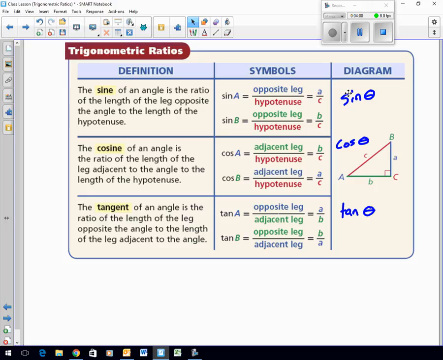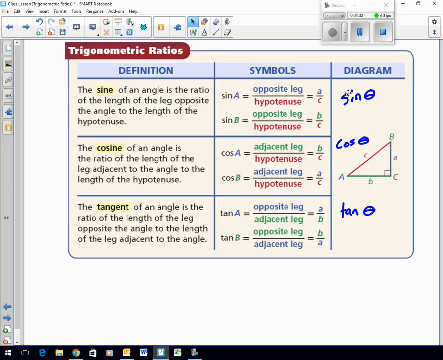All right. So when we say theta, anybody know what that means? It is Latin. Guys, theta represents an angle measurement or a degree measurement.